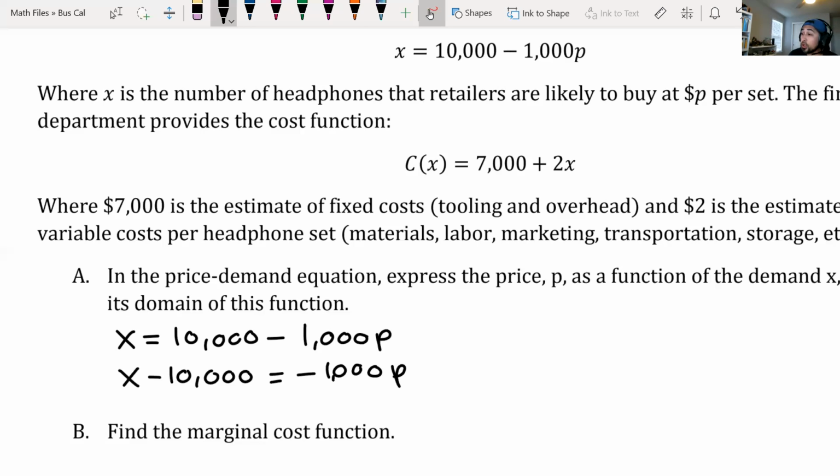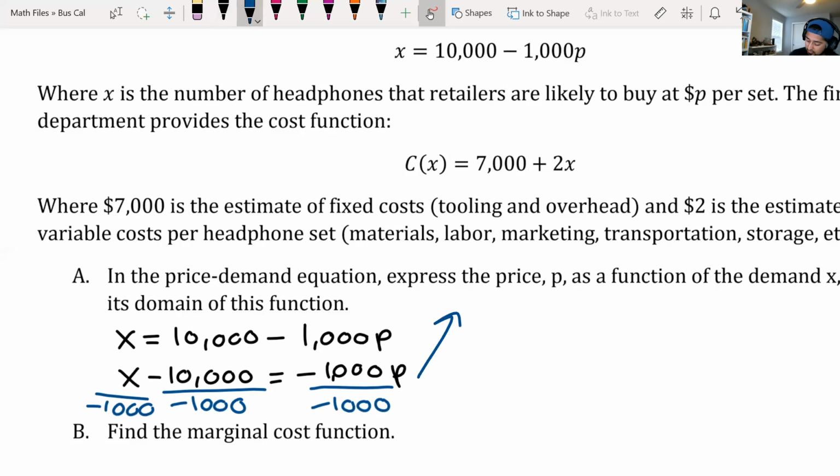And then you're going to divide everything by negative 1,000. And this is going to give me negative x over 1,000 plus 10 equal to p.